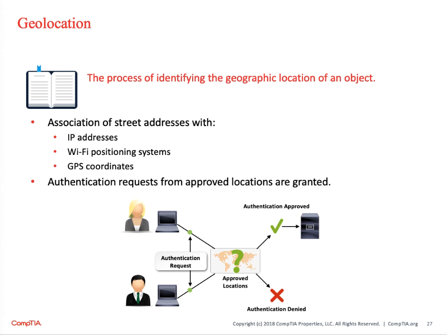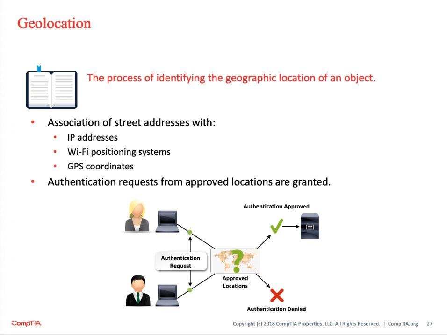Geolocation. This is the process of identifying the geographic location of an object, right? So geolocation is going to provide us an extra level of authentication, because users who try to authenticate from an approved location can be given access, but those who are not trying to authenticate from an approved location will be denied.